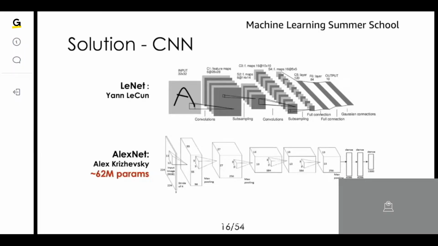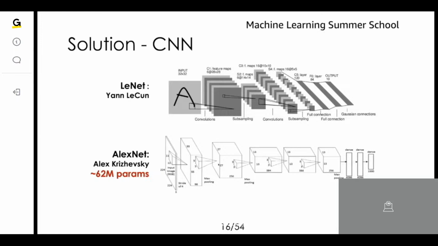But first, let me give you some history of CNNs. The first CNN model that was used in practice is LeNet, which was proposed by Yann LeCun, who is considered the founding father of convnets. He was able to successfully develop this architecture and use it for recognizing handwritten digits on US checks.